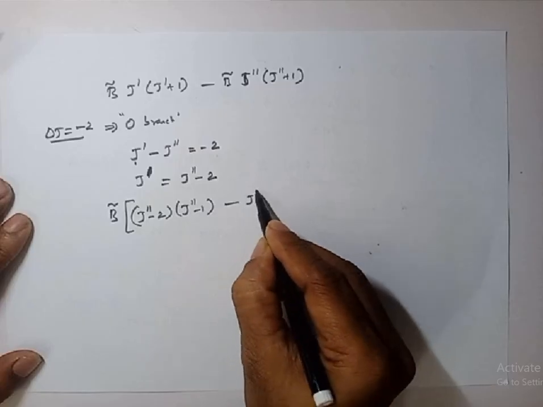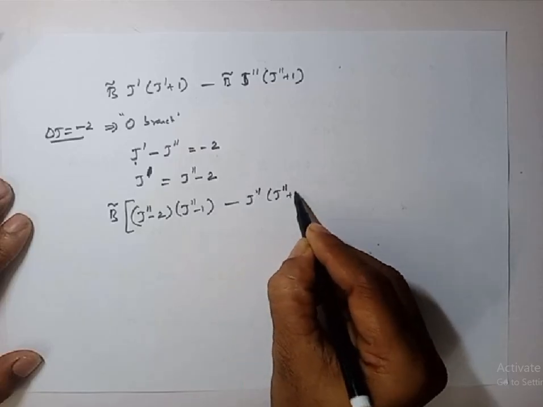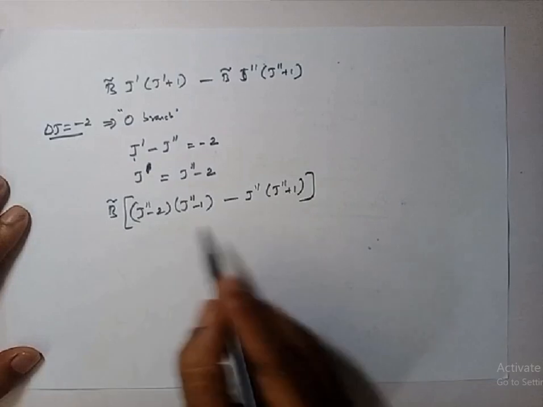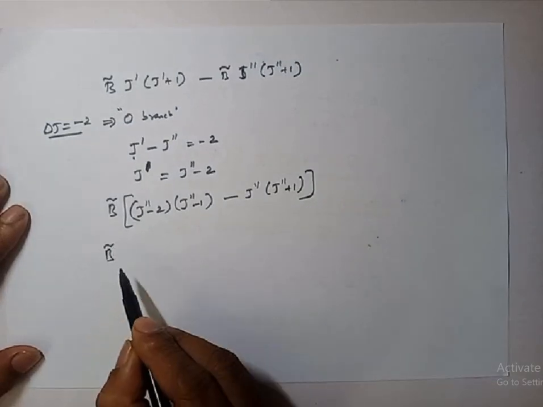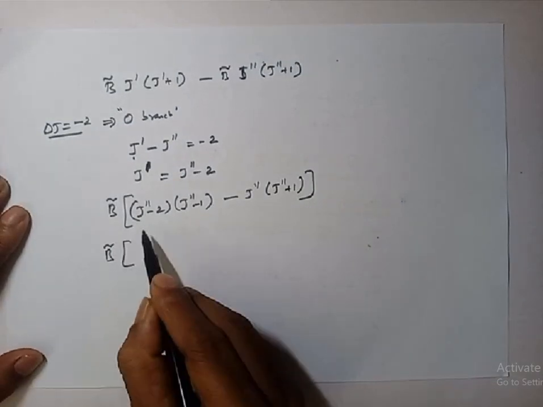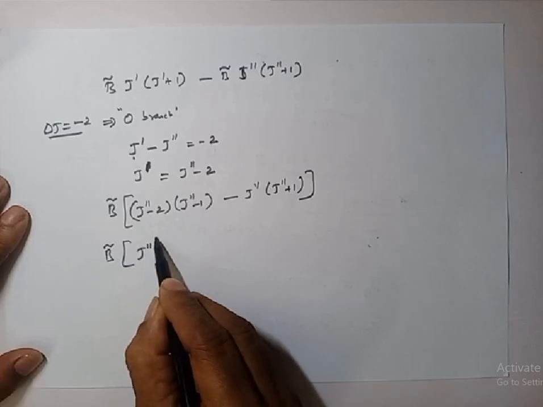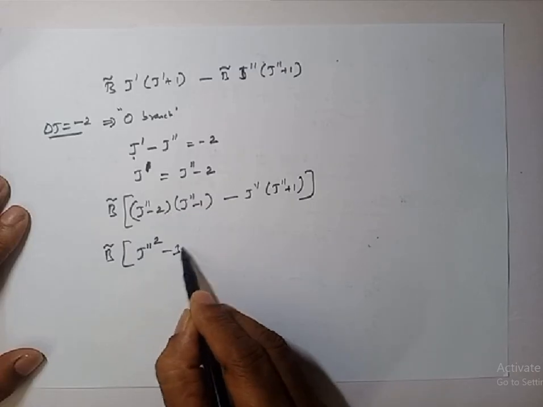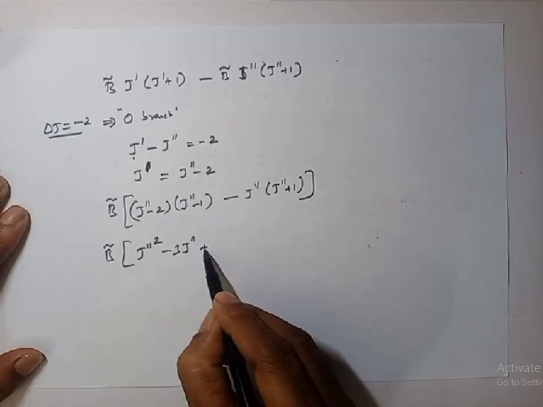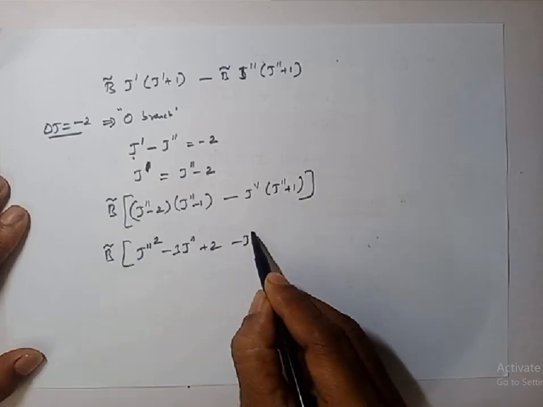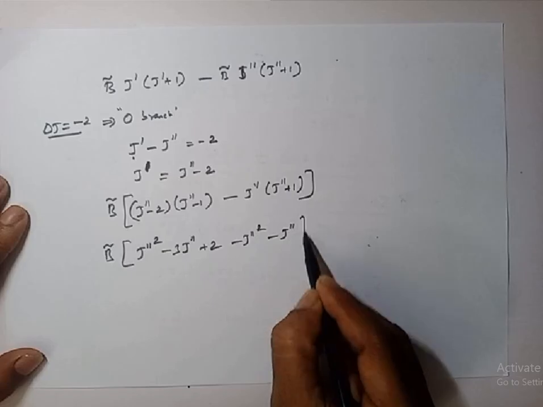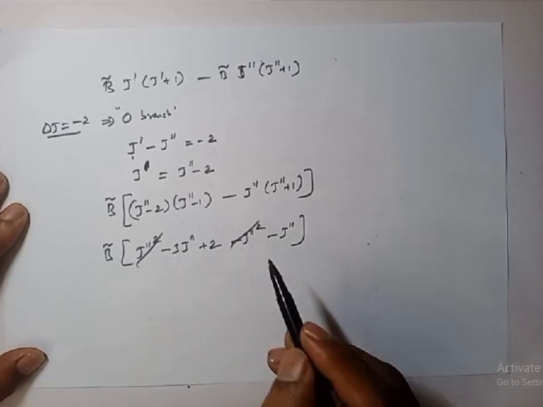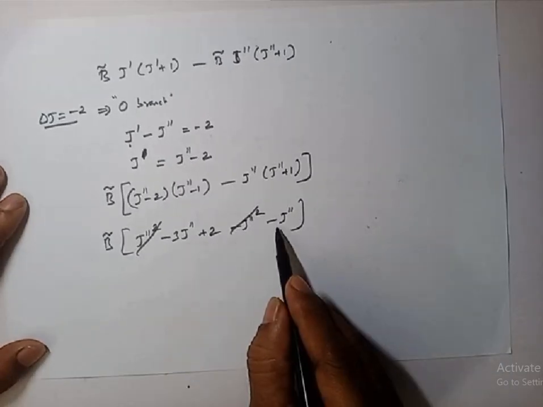And I have J double prime into J double prime plus 1. Okay, if you multiply this, what we get is J double prime square, then minus 2J minus 1J, I'll get minus 3J double prime plus 2. Here, J double prime square minus J double prime. So these two cancel. Minus 2J minus J.